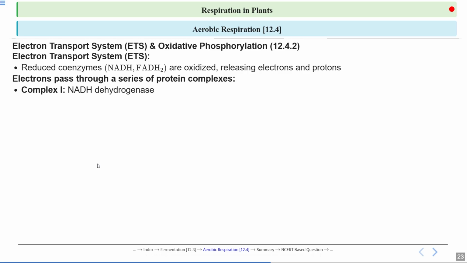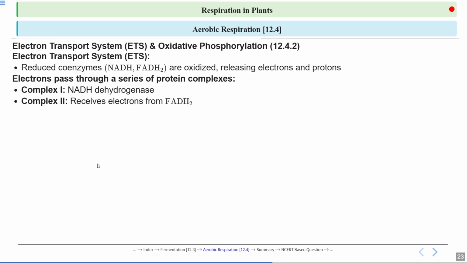Let's first talk about complex 1. The first complex in the chain is called complex 1 or the NADH dehydrogenase. This is where the electrons from NADH enter the system. Then comes complex 2, which receives electrons from FADH2.